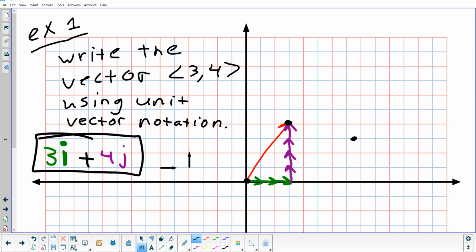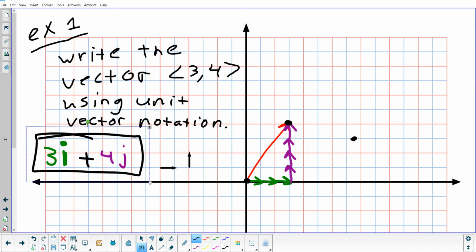So for the vector, isn't it just writing the vector with an i and j? Let's say it was 6, 7, would it be just 6i plus 7j? Is it always like that? Yeah, you take away the brackets, you take the comma out, you put the symbol in the middle, and yeah.